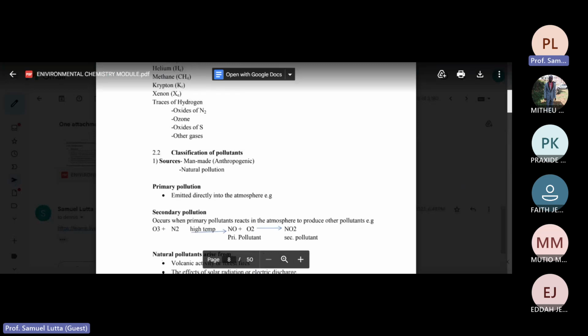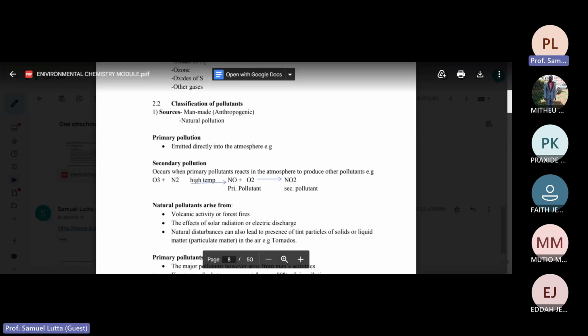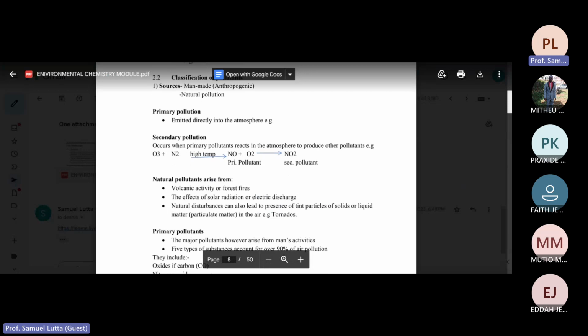And then for the pollutants, just to bring ourselves up to speed, the sources: we talked about man-made processes, what we refer to as anthropogenic processes, things like from industries, from our homes, from automobiles. Then natural processes, these are things like volcanic processes. Those are natural, we have no control over them, but they contribute to pollution of the environment.